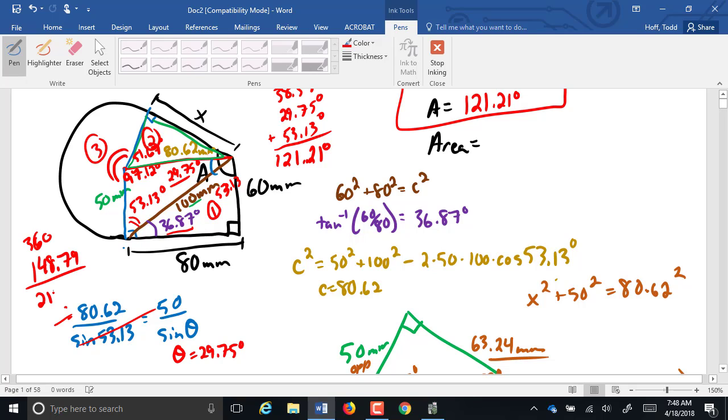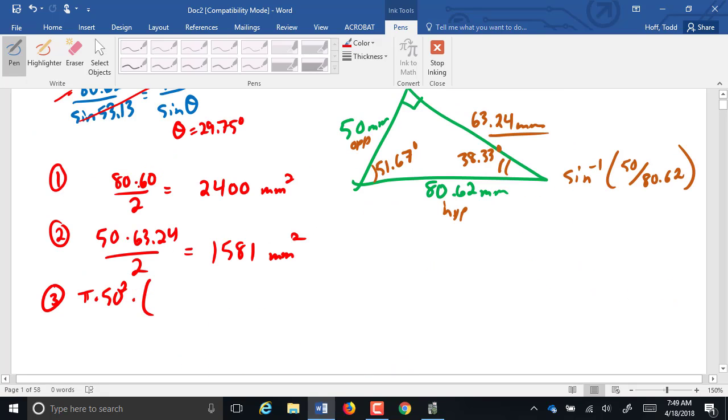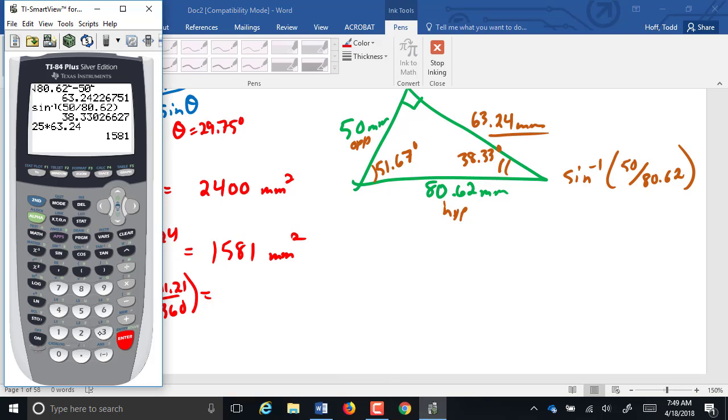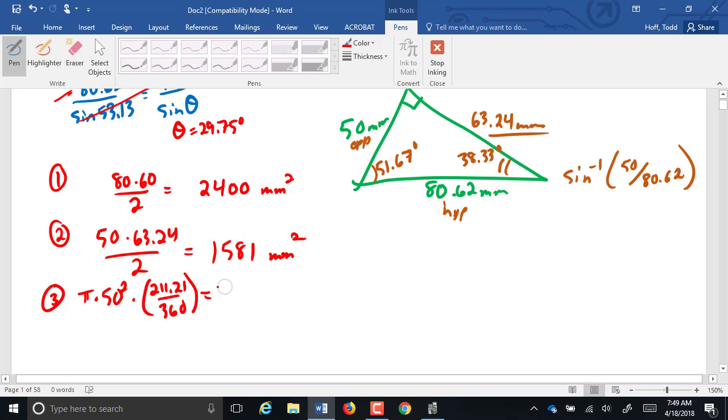That gives us 211.21 degrees here. So that'd be 211.21 over 360. Which is giving us 4605.55.